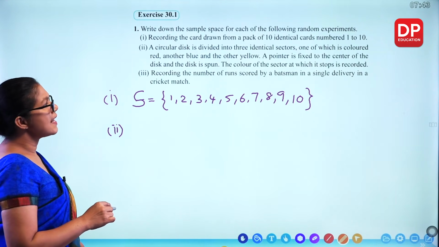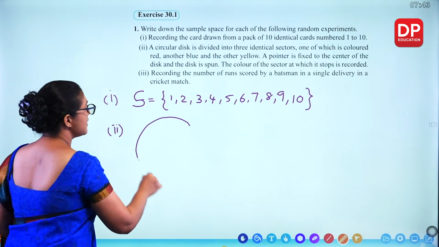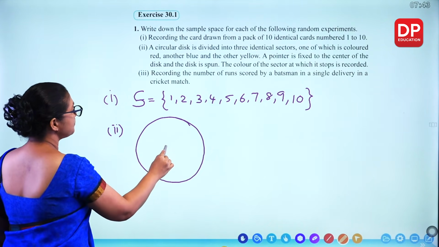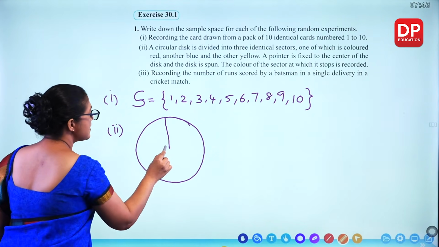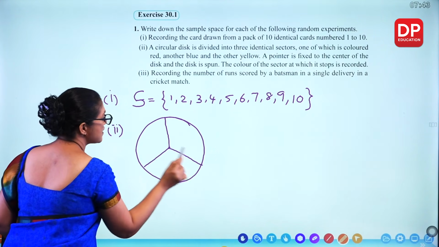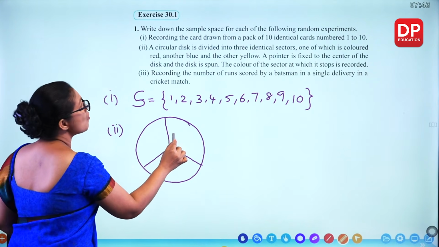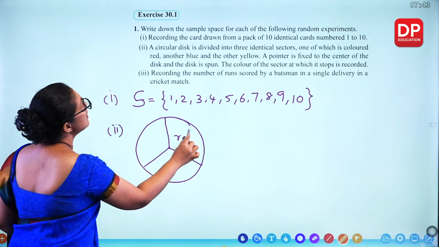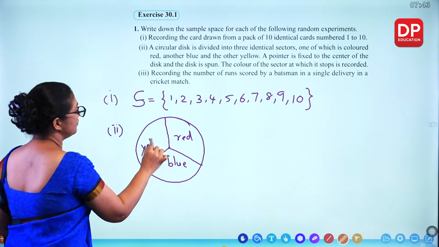The color of the sector at which it stops is recorded. That means something like this. There's a wheel divided into 3 identical sectors, equal parts. Equal parts means 120 each. So one is red, blue and yellow.